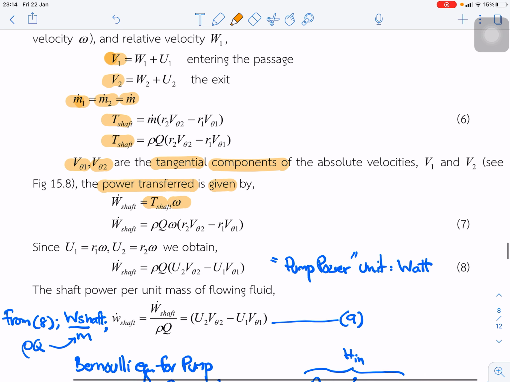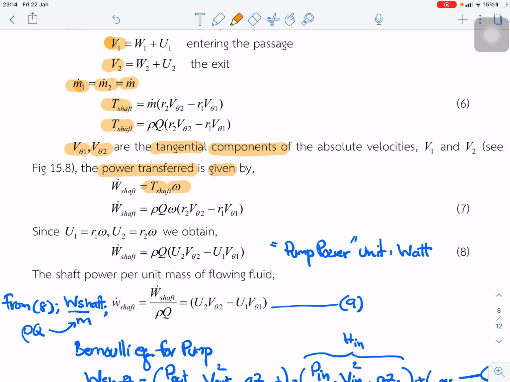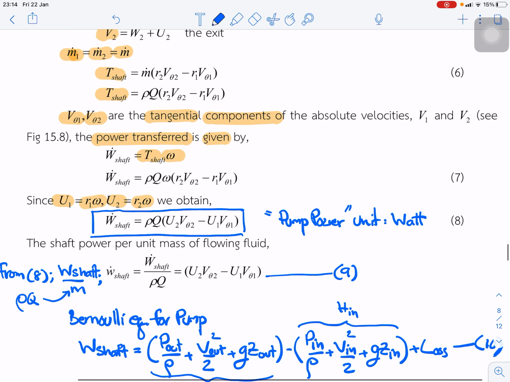So we combine omega times the equation of torque, and U1 is equal to R1 times omega and U2 is R2 times omega. So we obtain this equation, which is the power of the pump in units of watts.